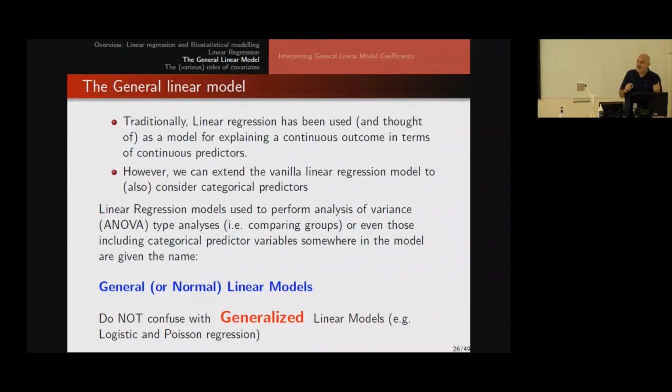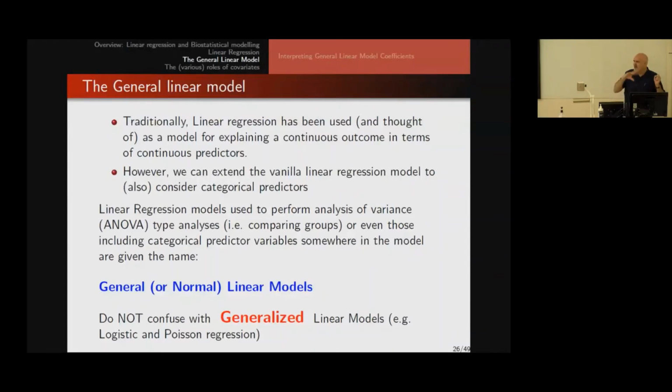If I hear linear regression, I think continuous predictors. If you come from the psychology area, they make no distinction. When a psychologist says linear regression, they mean general linear model. But when I say linear regression, I mean linear regression. I mean my x's are continuous variables, my outcomes are a normal variable, and that's that.